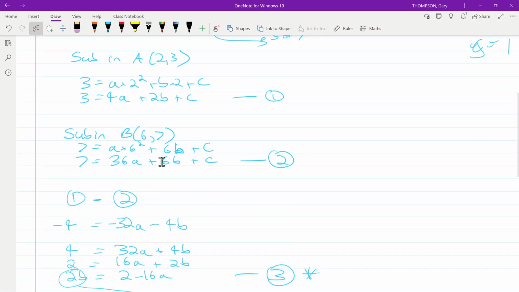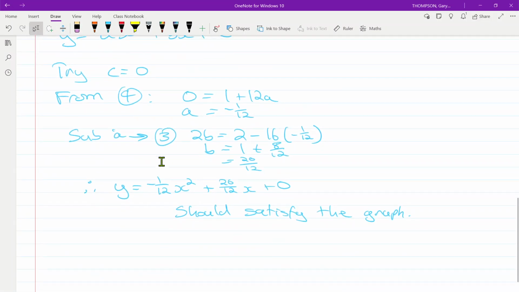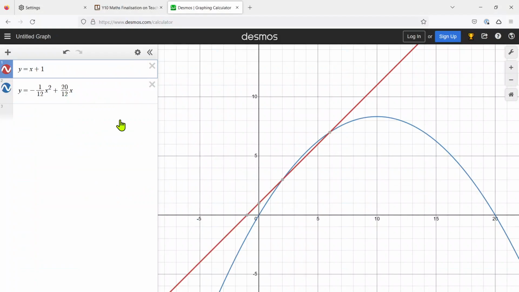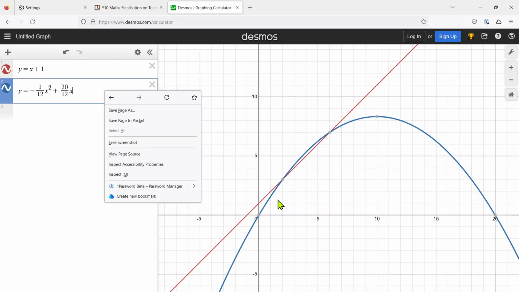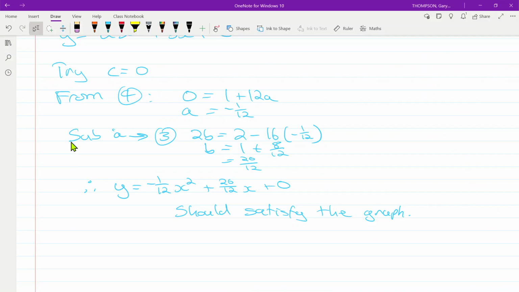And we find the equation I just created, y equals minus 1/12 x squared plus 20 on 12x plus 0, excuse me, is this parabola I've drawn here, and we can see it intercepts the line at those exact 2 points. So I'm just going to take a pause again.